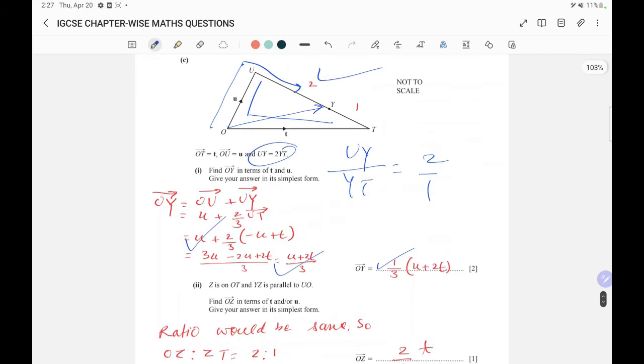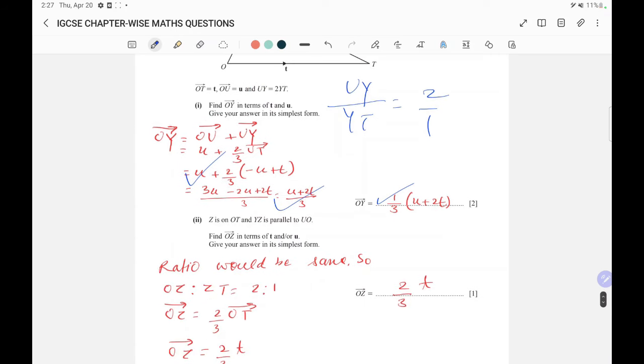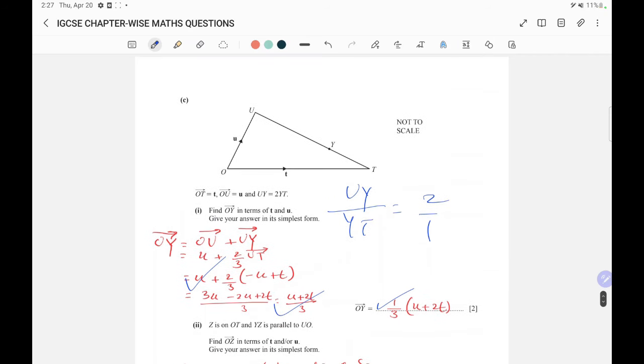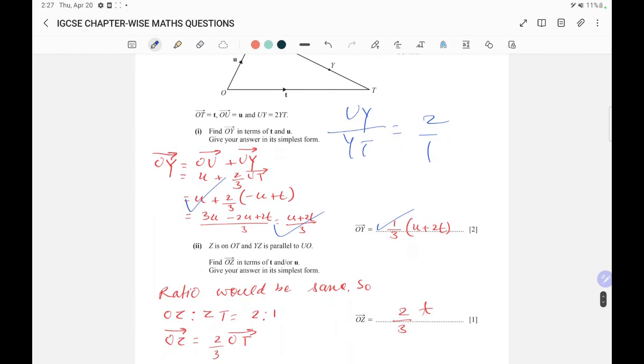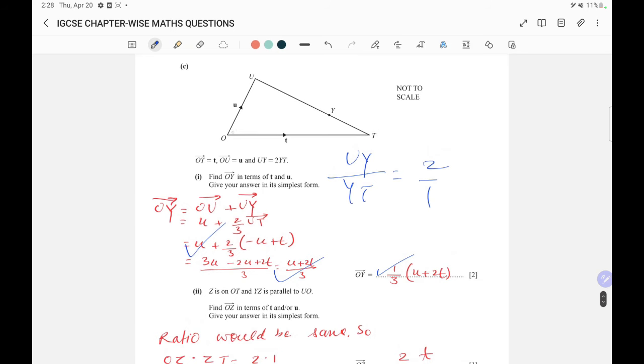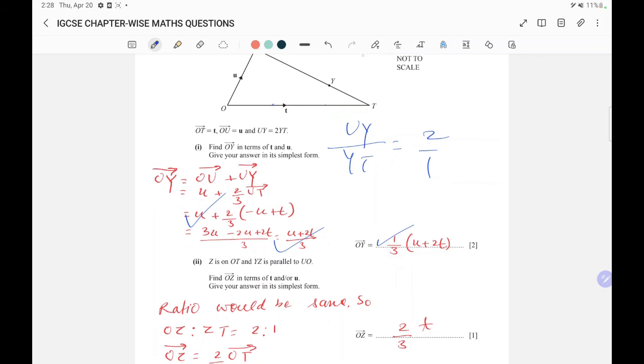Now Z is the point. Yeah, Z is on OT and YZ is parallel to UO. Where is Z? Z is on OT. Oh, here, somewhere here or here. But YZ is parallel.